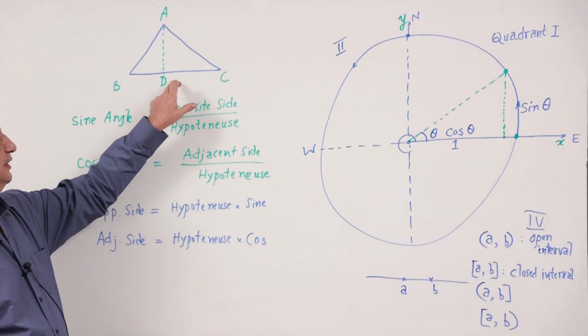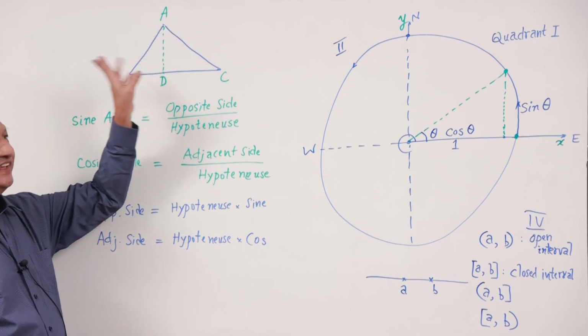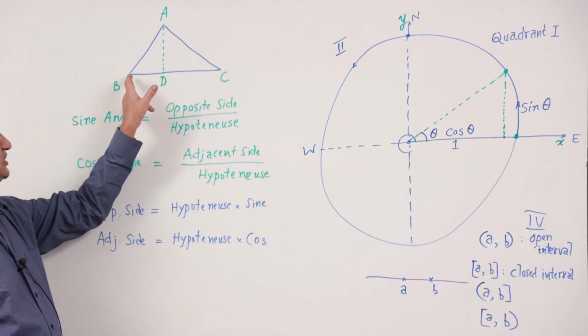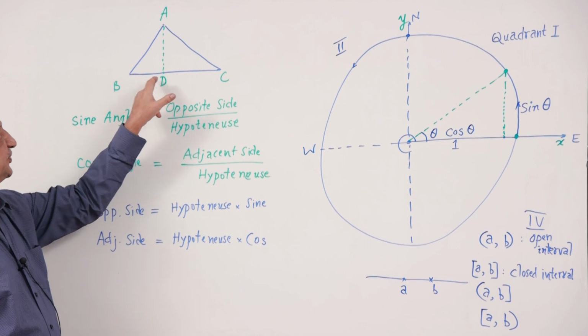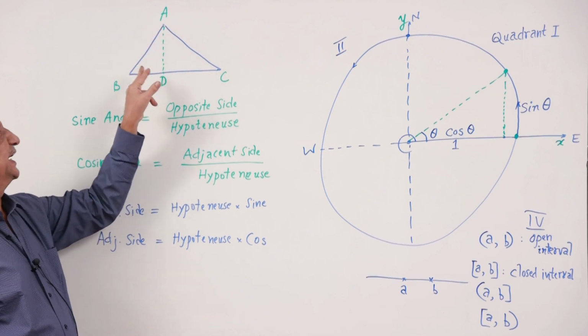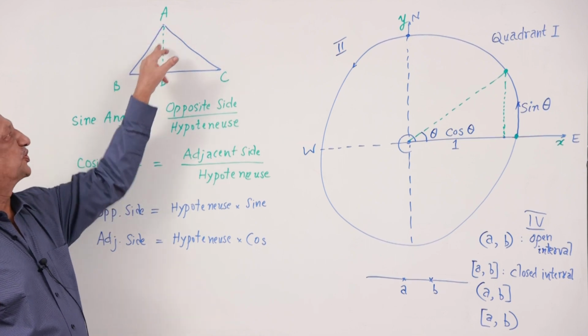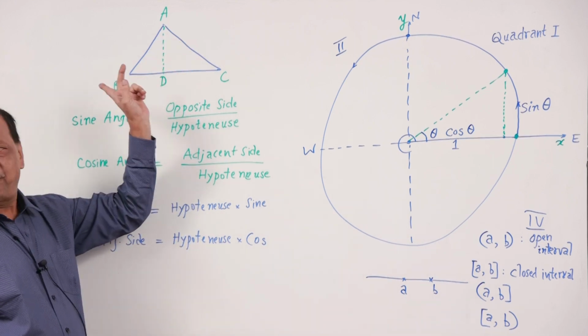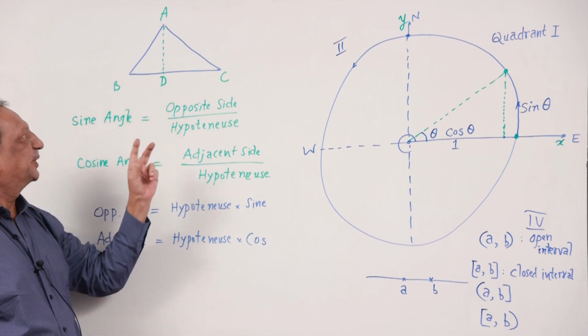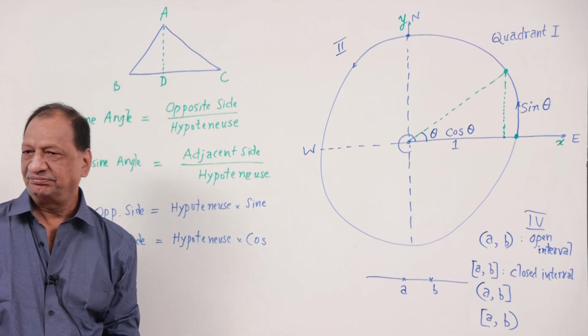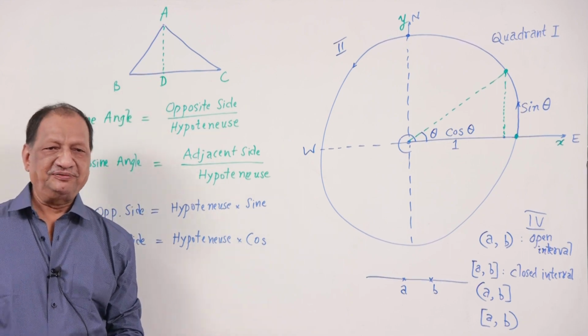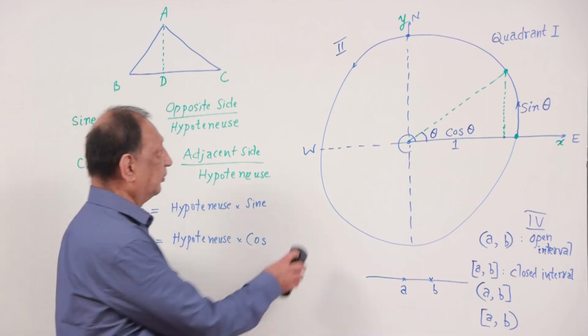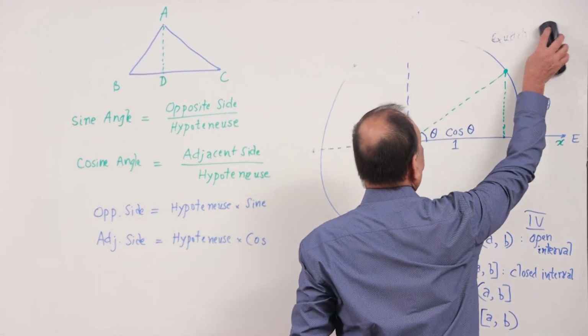For example, if you wanted to find out what the AD value is, just imagine in this right angle triangle ABD, I get an angle B, right? And this is the opposite side of angle B. So what is the value of AD? AD is hypotenuse multiplied by sine of the angle B. Correct? That's how we work it out. Let's just write that down.